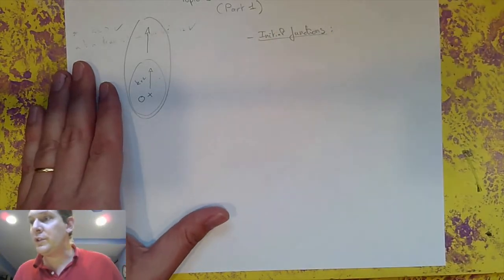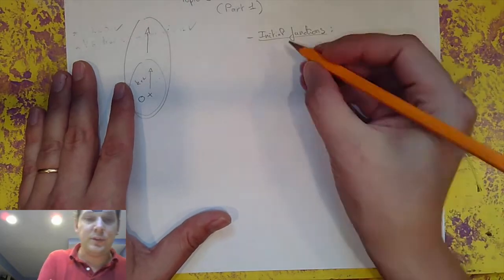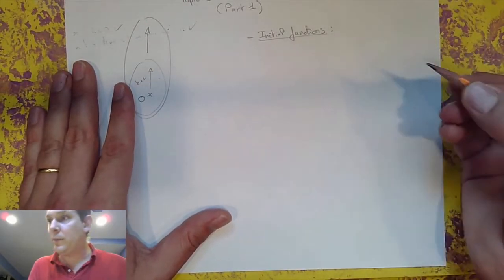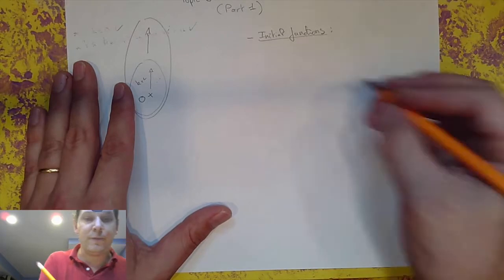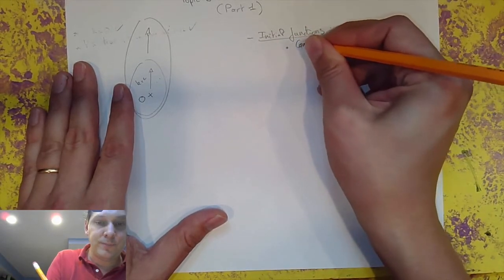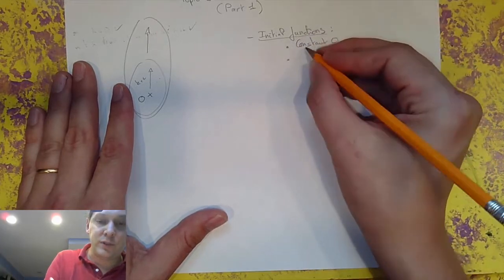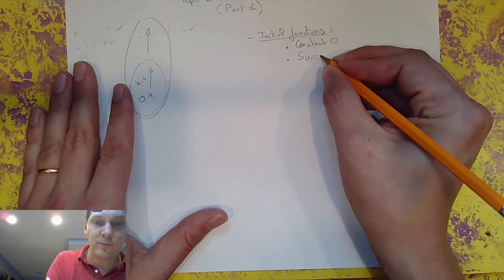The initial functions can be two: the constant function 0 and the successor function. So you first have the constant 0. As I say, that's the starting point. Then you have the successor function.